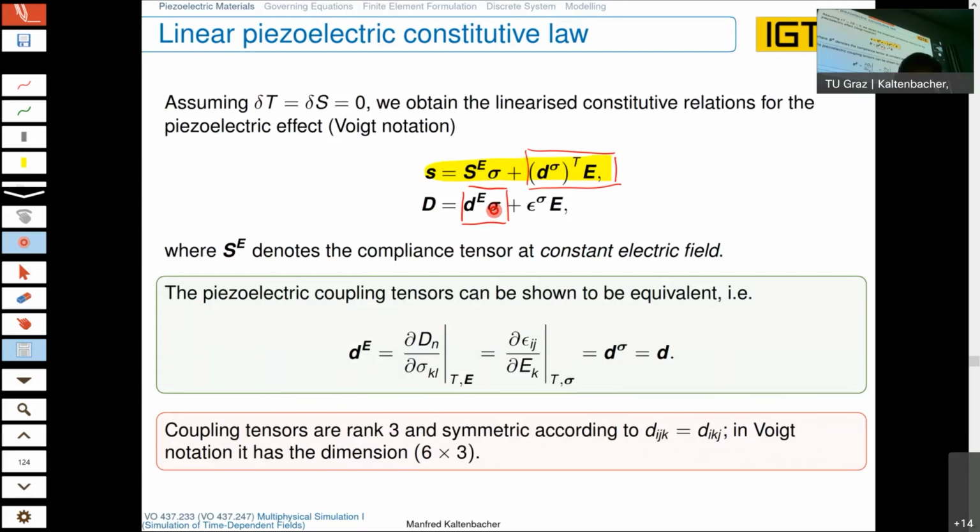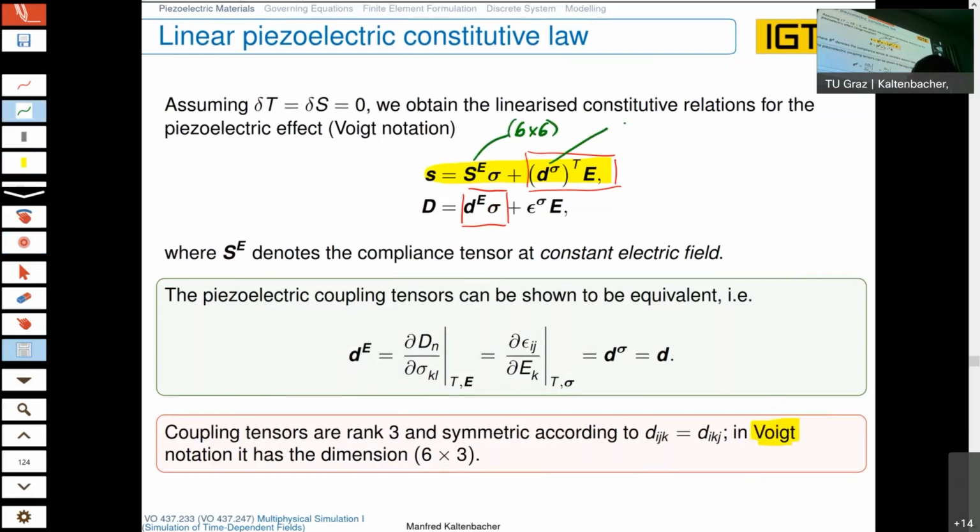Yeah, and we will use the Voigt notation, which means at the end that we can rewrite the compliance tensor as a 6 by 6 matrix. This will be a 6 by 3 matrix, the coupling tensor.